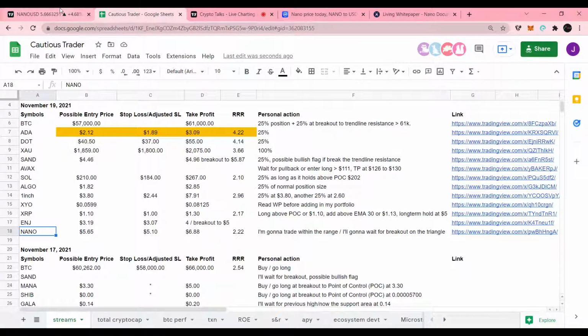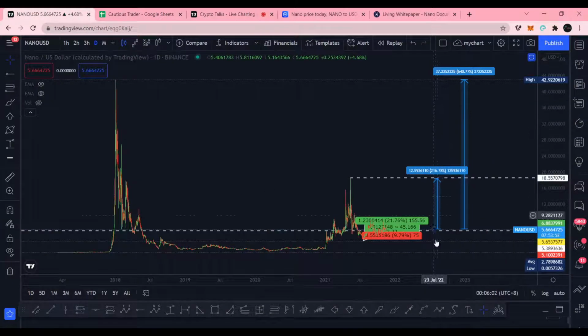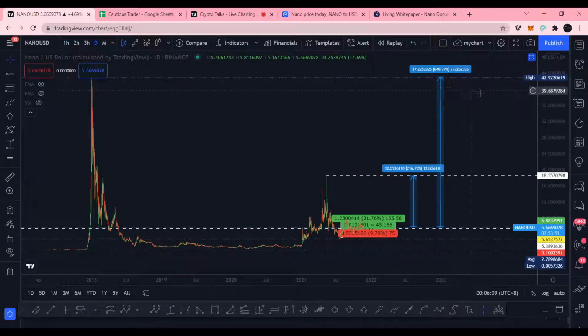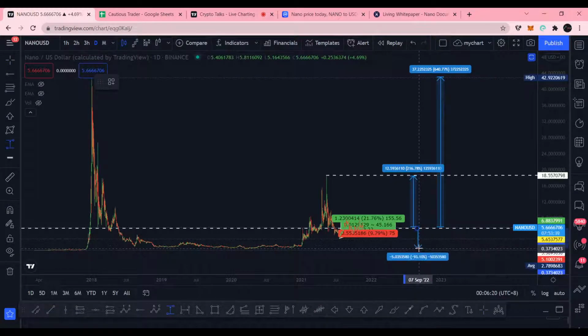Because of the possible risk reward, right? It's times 600 if it reaches that 42, or at least 200% from here. And what's the possible downside? If it's a very long consolidation, the risk reward is still more than 2, since the upside is 200 and the downside is only 91.